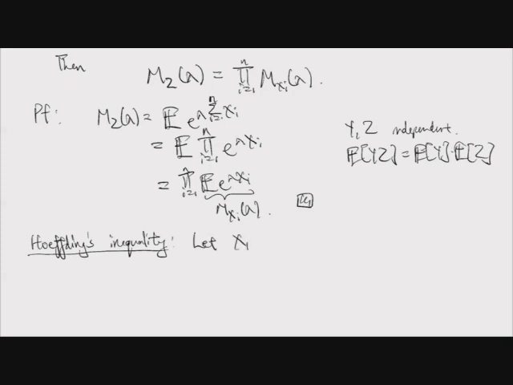So let X_1 to X_n be independent random variables bounded between a and b.